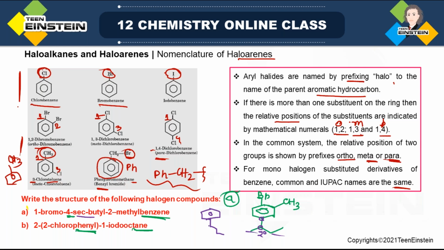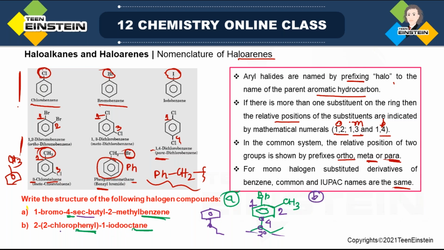Simple. The terminal position is attached. But here, as it is mentioned secondary butyl, this should be the connection point. Fine. So 1-bromo-2-methyl-4-secondary butyl benzene.